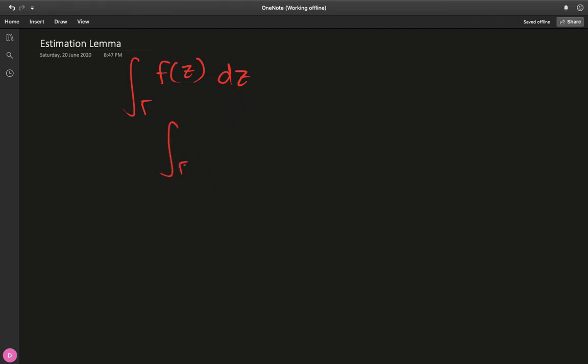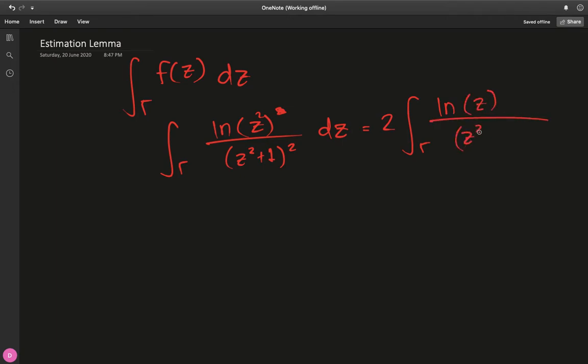We have integral over gamma of natural log of z squared, actually 2 is inside the argument, divided by z squared plus 1 the whole thing squared dz. And just for this estimation lemma, I would like to bring the 2 down and multiply it with the entire expression. So we have 2 times integral over gamma of natural log of z over z squared plus 1 the whole thing squared dz.